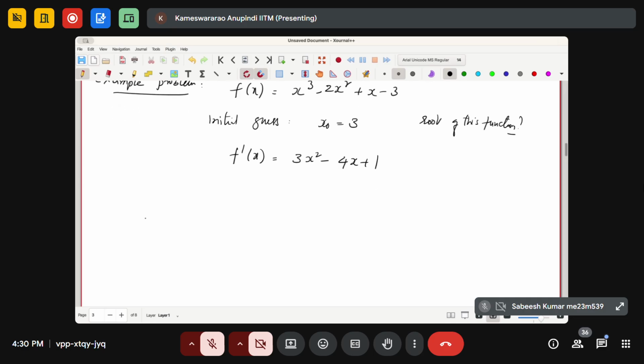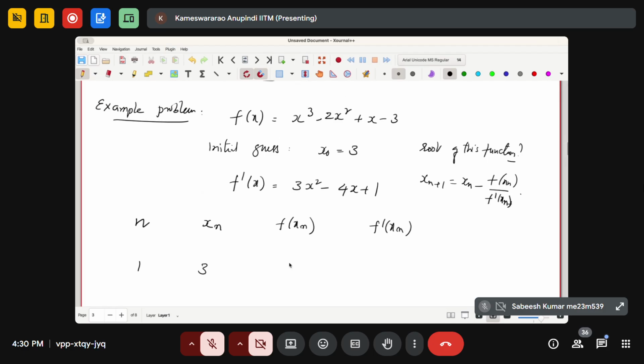Then I would make a table just like before. Essentially, this is n, the iteration number. This is xn. Then we have f of xn, f prime xn, and then xn plus 1, which is equal to xn minus f of xn by f prime xn. So for the first iteration, my initial guess is 3. What is f of xn?